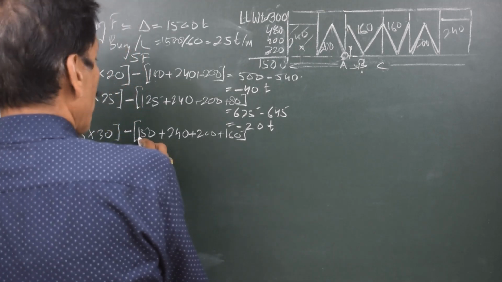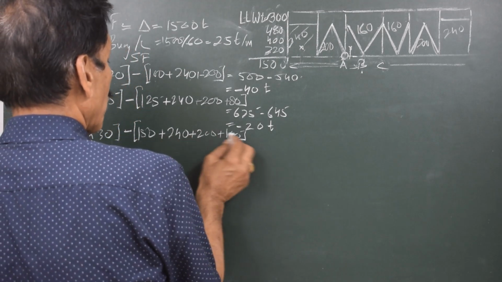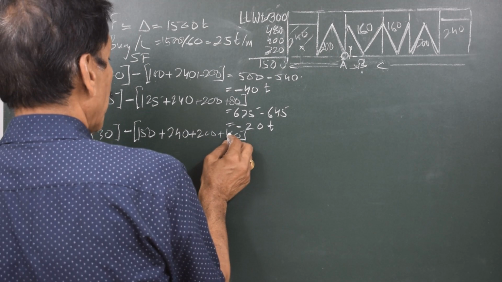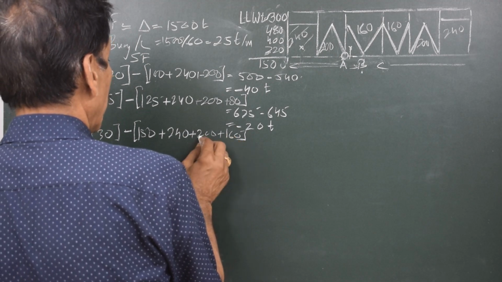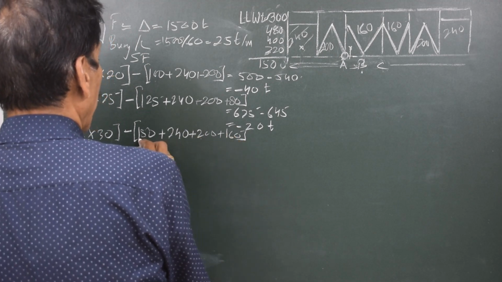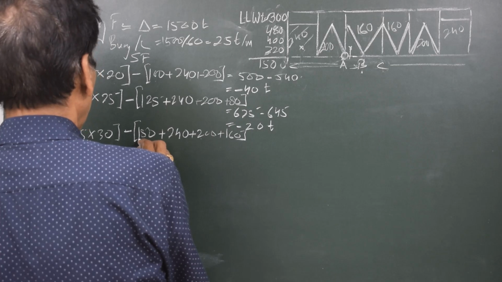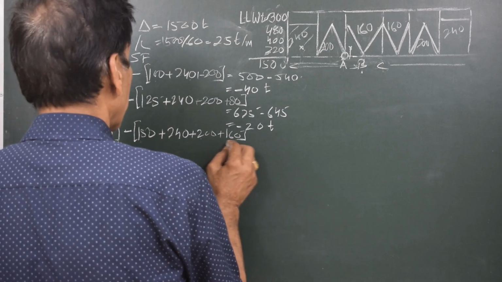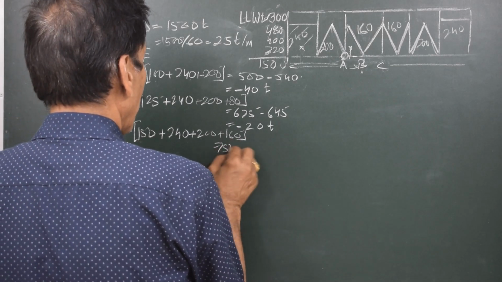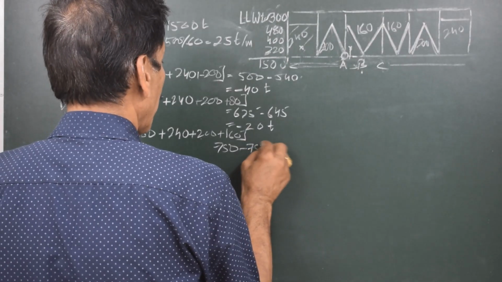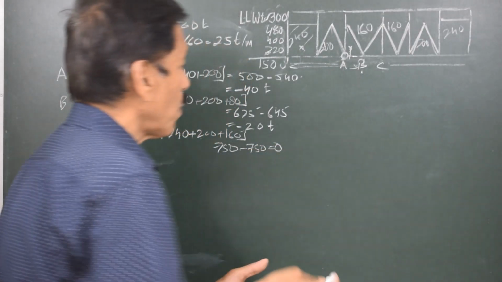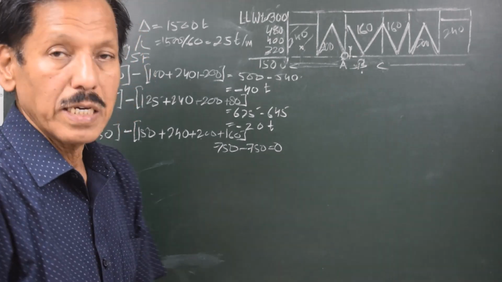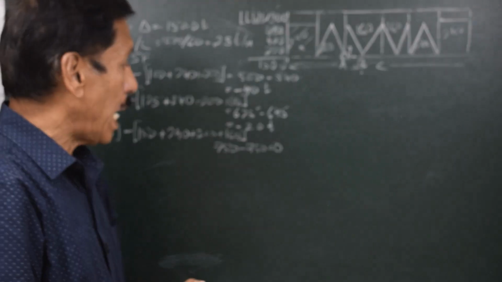So negative forces are 240 plus 160, that is 400, 400 plus 200, 600, 600 plus 150, that is 750, and it is therefore 750 minus 750, that is equal to 0. So we've got SF at C, that is the midship, as 0.